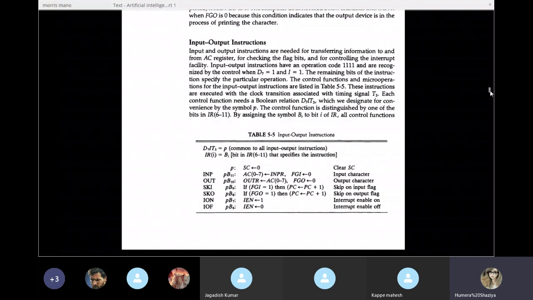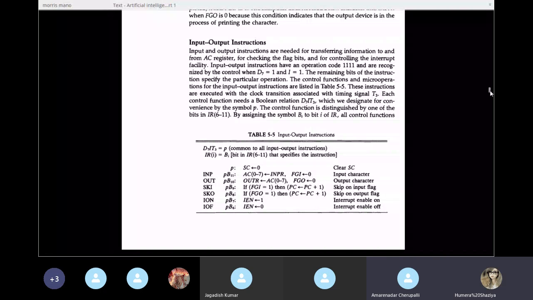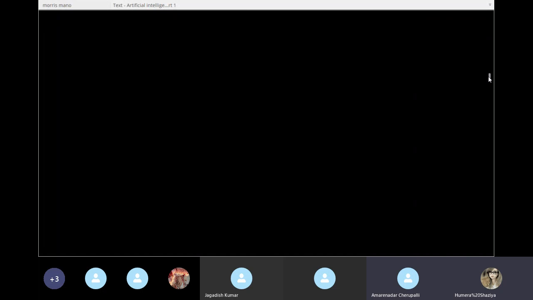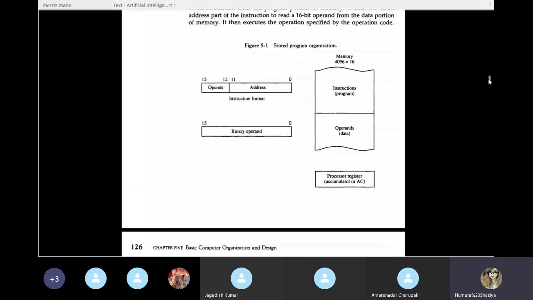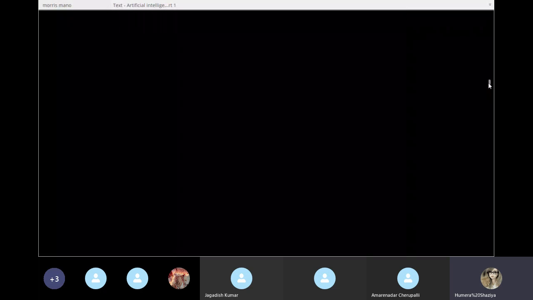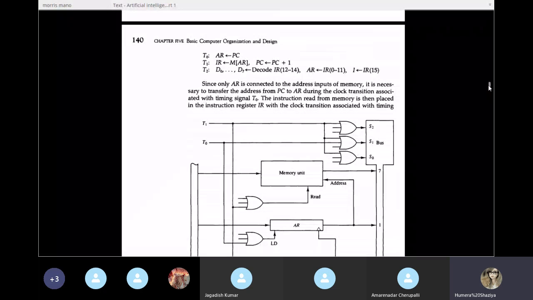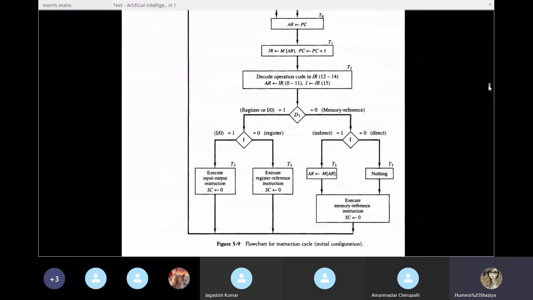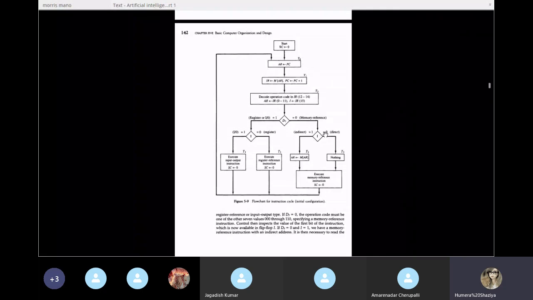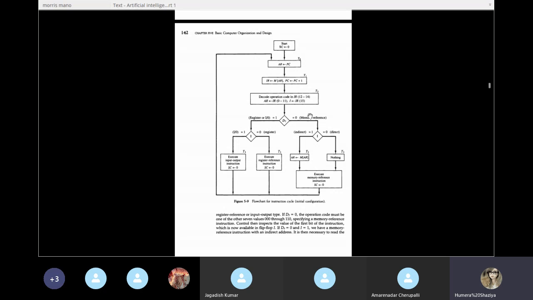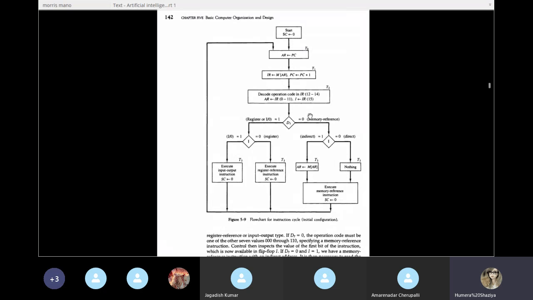What are we decoding? Okay, I will open this up. Look into this and tell me what is the meaning of D7IT3.